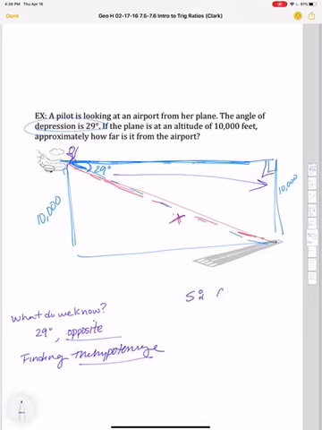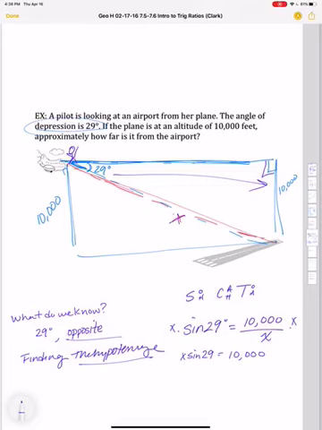So there it is, SOH CAH TOA, but I like to practice writing it. So the sine of 29 degrees equals the opposite side, 10,000, over x, my hypotenuse. Again, my unknown is in the denominator, so I want to multiply by x. I get x sine of 29 degrees equals 10,000, and I want x equals 10,000 divided by sine of 29.